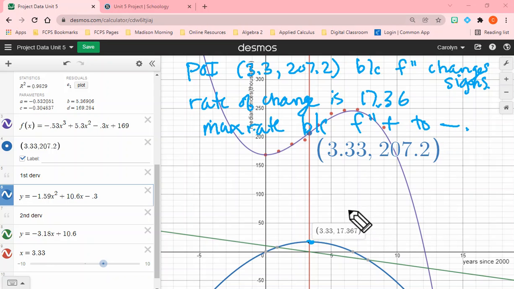So that's how I can use all three graphs to help fill out those last two sentences. Now, the only thing I didn't write in here was units.